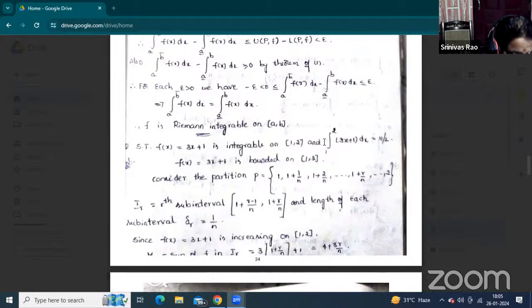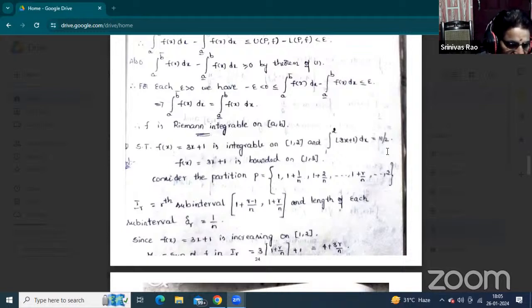Now we must prove that the integral from 1 to 2 of f of x, the given function 3x plus 1, dx. This is a simple integration: integral of 3x dx plus integral of 1 dx. That is 3 times x squared by 2, with lower limit 1 and upper limit 2, plus the integral of 1 dx, which is x, applying upper limit minus lower limit.